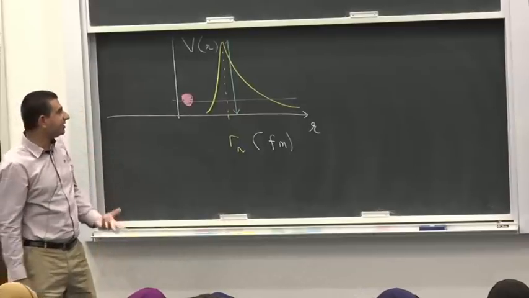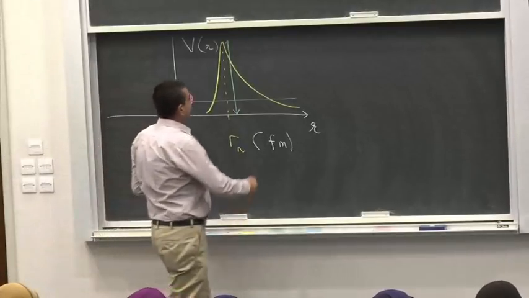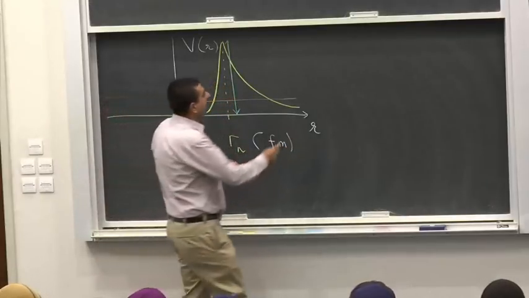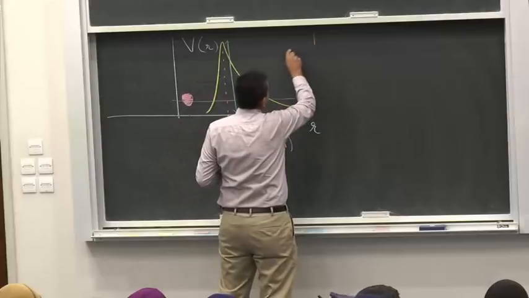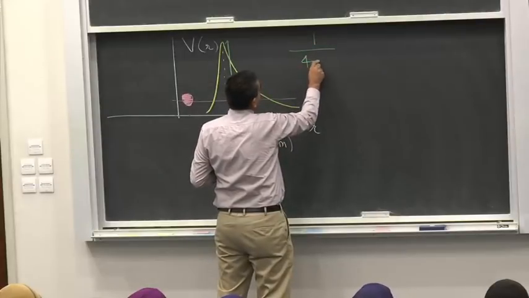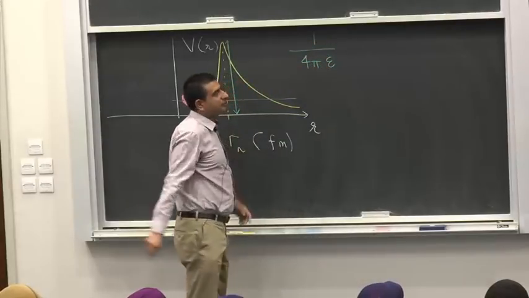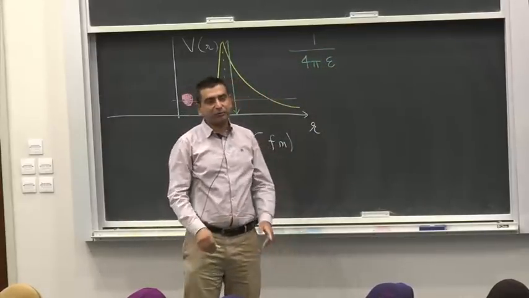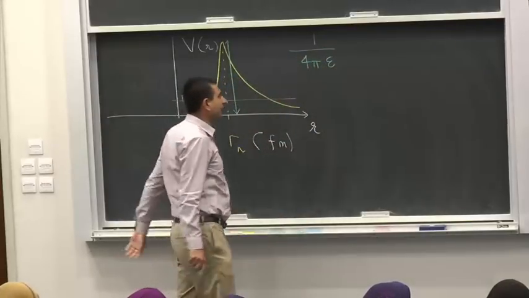and this potential has a certain height. We can actually calculate how strong is this potential barrier, and an estimate for this potential barrier is actually given by Coulomb's law. I can have a potential which is 1 over 4 pi epsilon, which is 9 into 10 power 9 Newton meter square per Coulomb square. You've already studied this in your A levels.